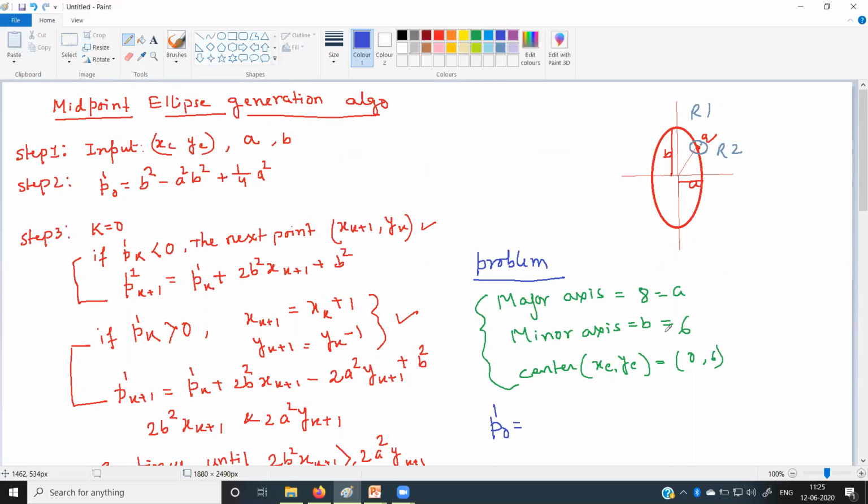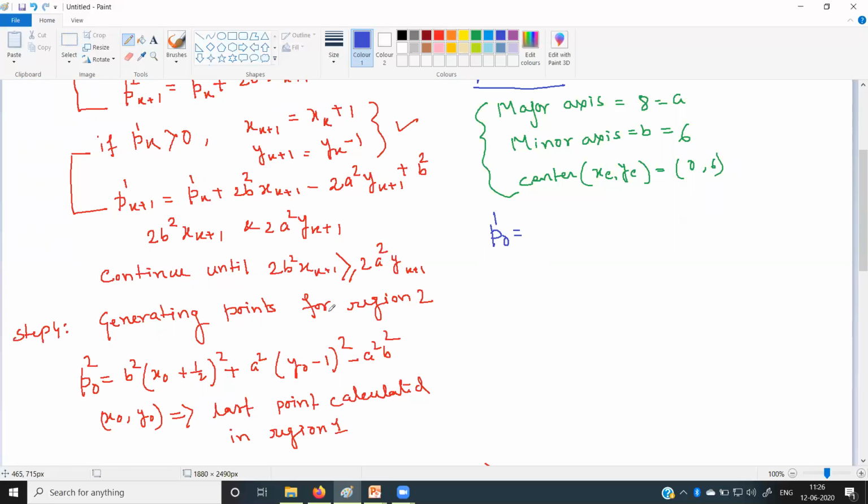You put b equals 6, a equals 8, and if you calculate the value of P0 for region 1, you will get minus 332. So simply we put the values of a and b in the equation given for calculating the initial decision parameter for region 1.